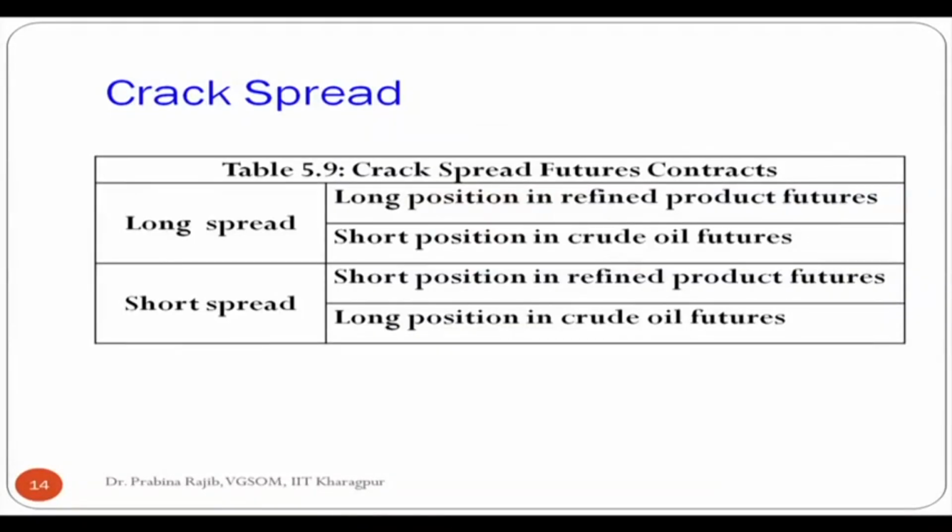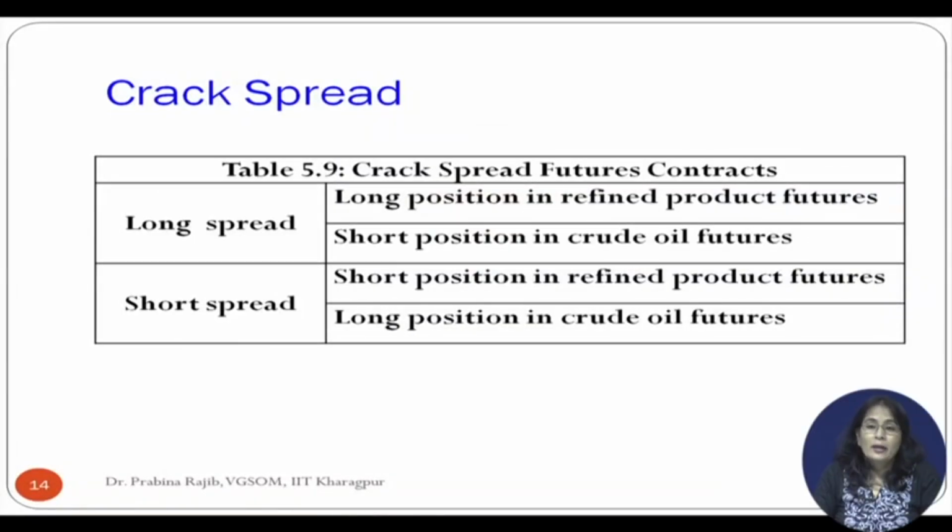Now, how can refiners use crack spread futures contracts to mitigate risk? If a refiner is expecting the crack spread to widen, it can enter into a long spread, and if it is expecting the crack spread to narrow, it will enter into a short spread position. In a long spread, you are buying futures contracts in refined products and selling futures in the crude oil contract.